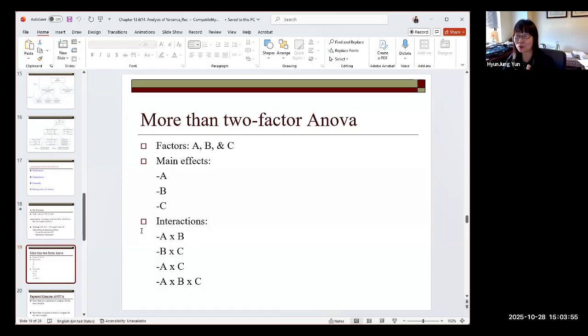So for a three-way ANOVA test, they will provide you 7 different alpha tests. What I want to say here is that when you run multi-factor ANOVA tests, you have the authority to select which interactions to report.